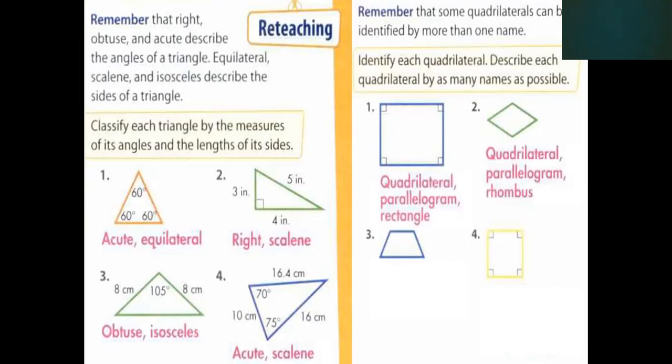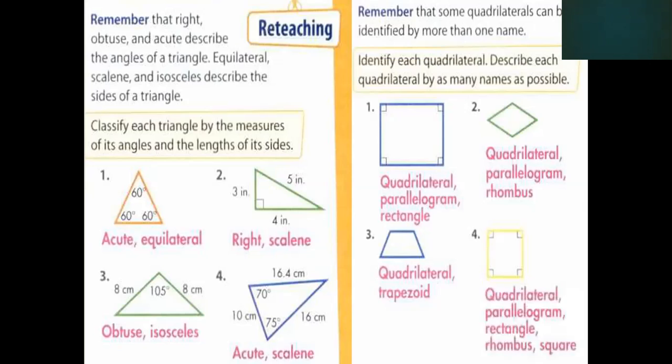Number 3, directly this shape is called a trapezoid, and a trapezoid is a quadrilateral. Number 4, this shape in the book is a square, so you can say quadrilateral, parallelogram, rectangle, rhombus, square.